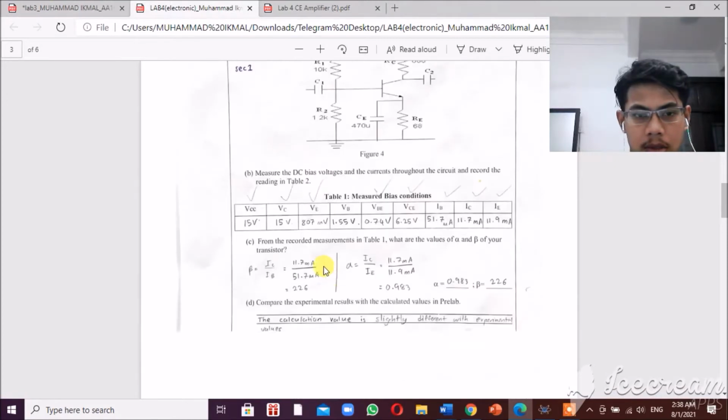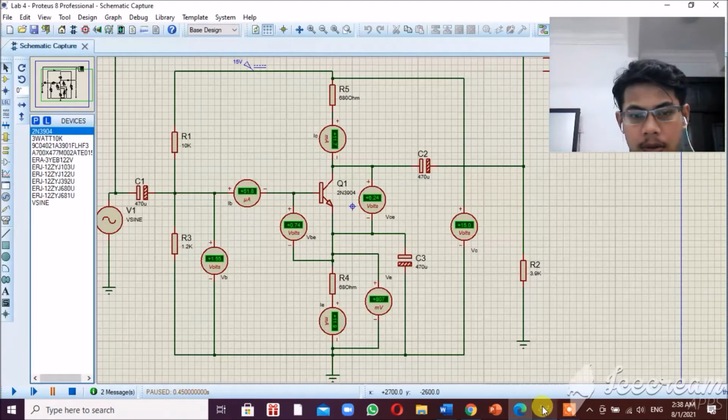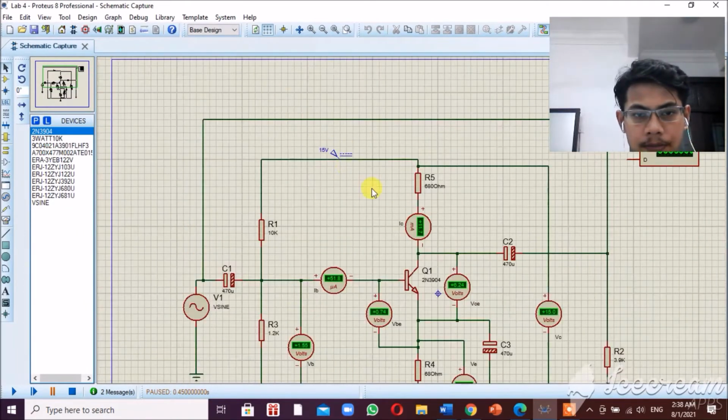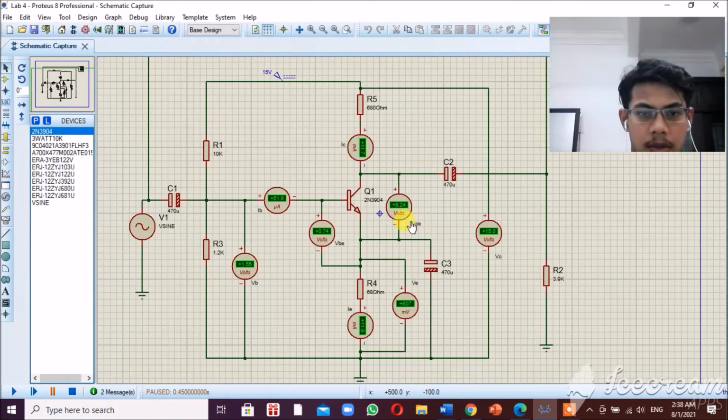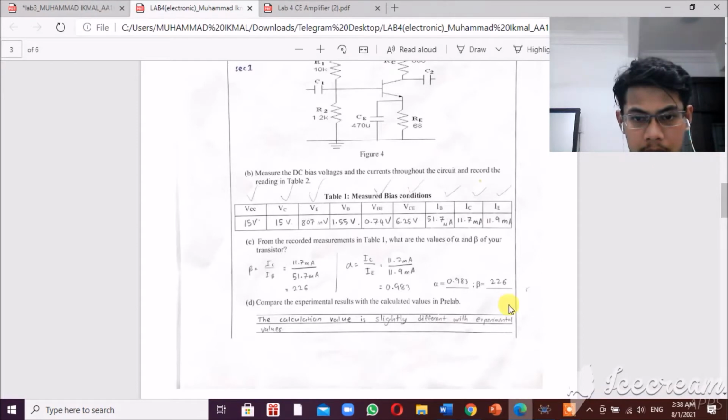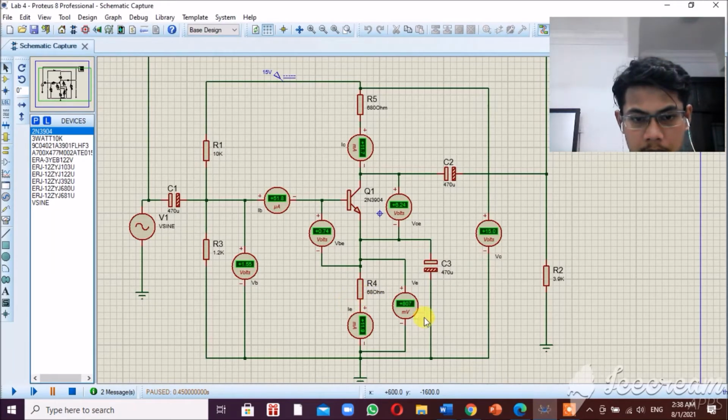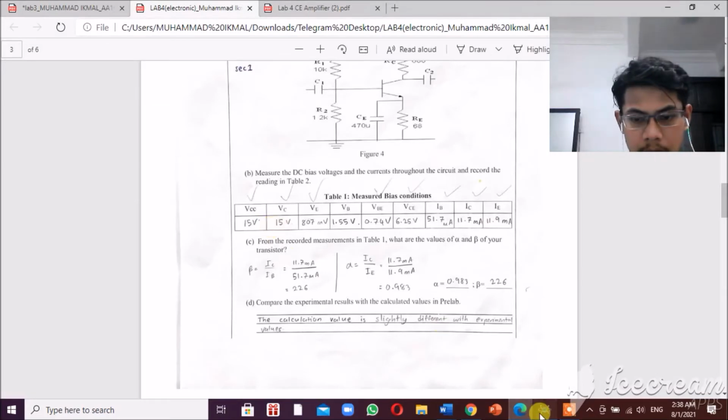The second one is to measure the DC bias voltage and the current throughout the circuit and record the readings in the table. So the VCC is 15 volt. My VB is 1.55. And the VE is 807 millivolt, and the VC is 15 volt.